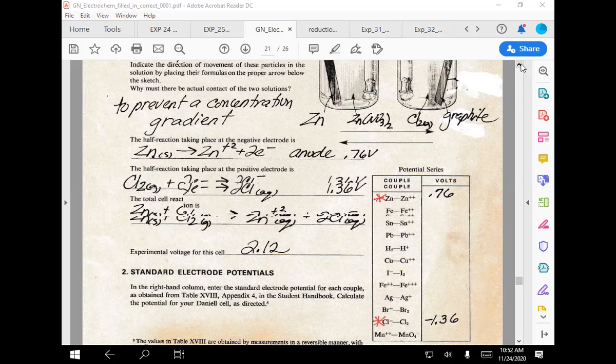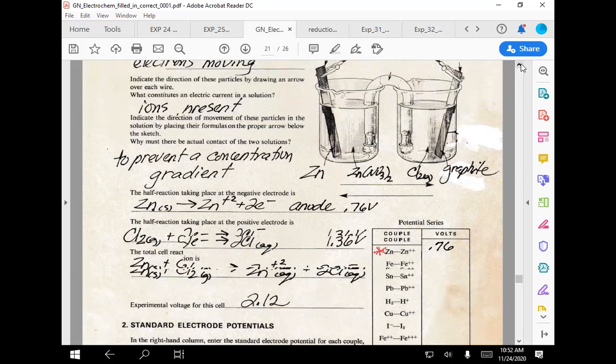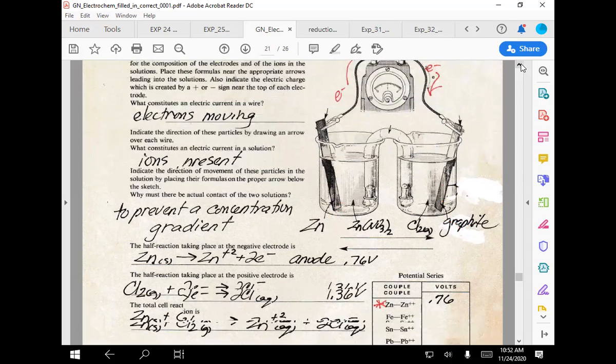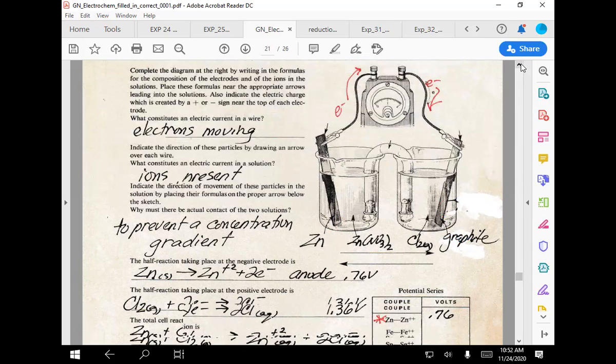Okay, do you have any questions about our sketch, our labeling? Does anyone need more time copying it down?